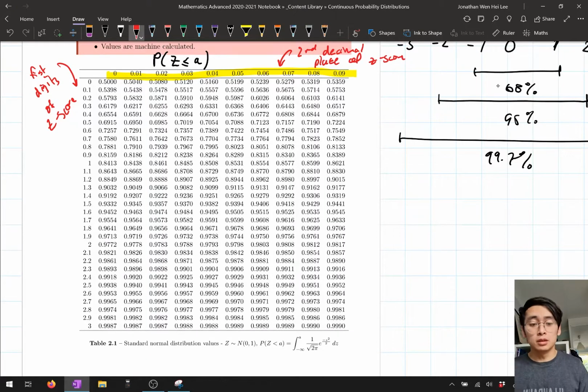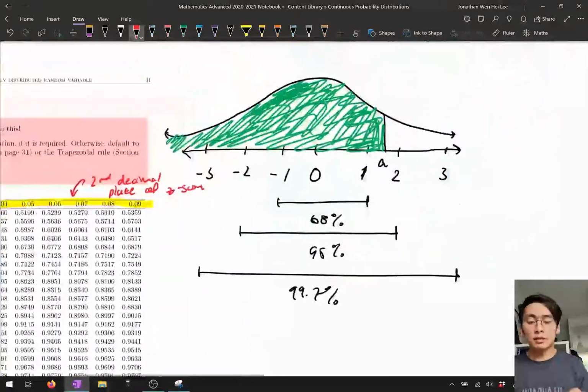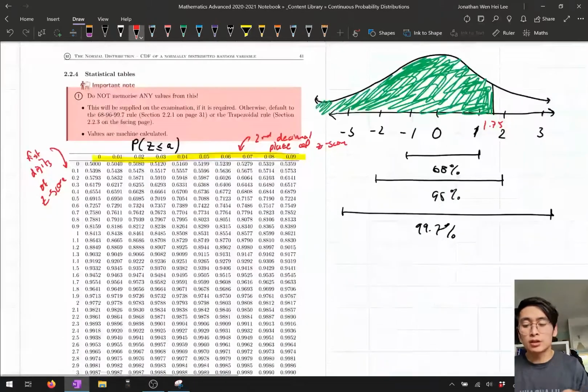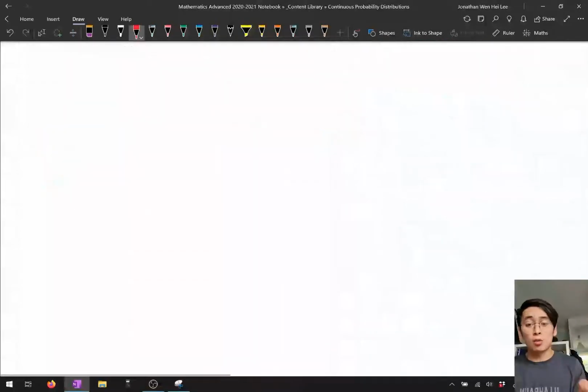So for example, let's say we had a value over here of somewhere around 1.75. So what we can do is go to the table. The first digits are 1.7.